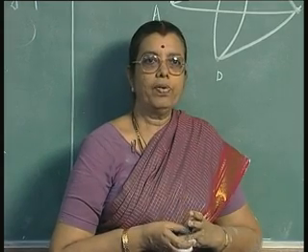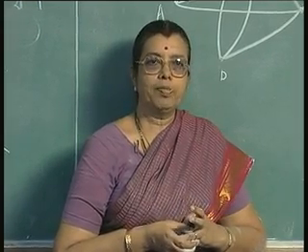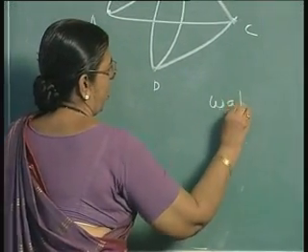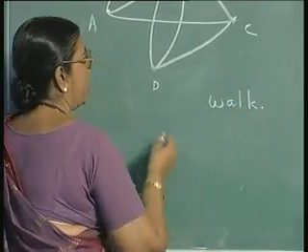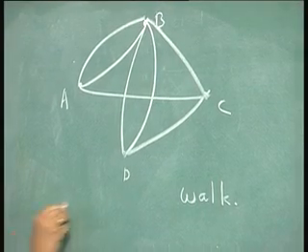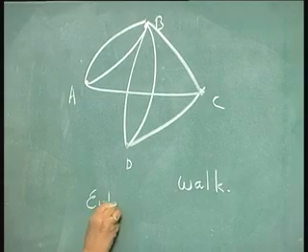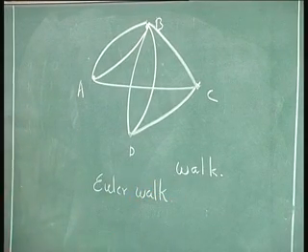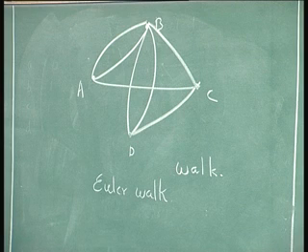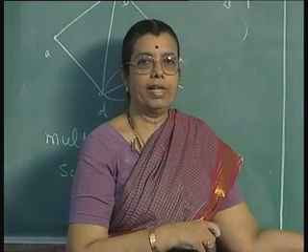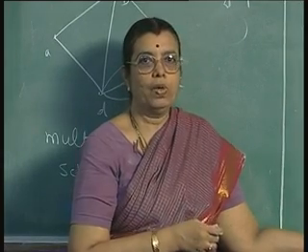For that we have to consider what is meant by a walk, and what is meant by an Euler walk, and so on. So far in the examples which we considered, we did not give labels for the edges. We could also label the edges.